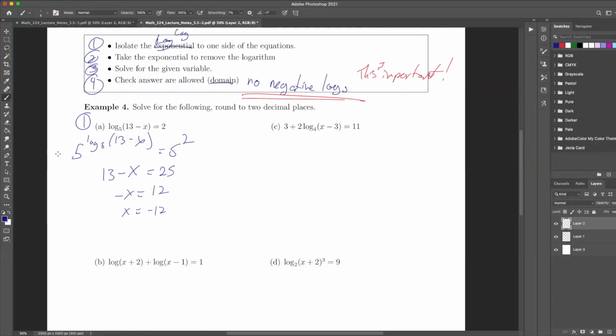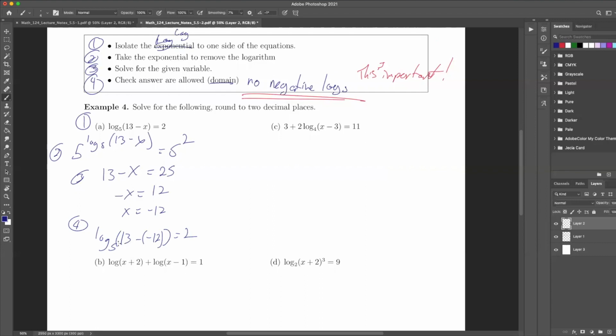And so this is step 2. This is step 3. All right, now we need to do step 4. Step 4 is the check. And so here we just plug in minus 12. So we have log base 5 of 13 minus a negative 12 equals 2.